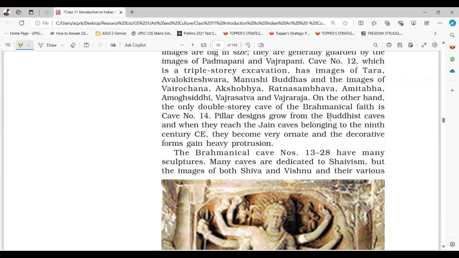The pillar designs grow from the Buddhist caves, and when they reach the Jain caves belonging to the 9th century CE, they become very ornate and decorative forms, gain heavy protrusion.